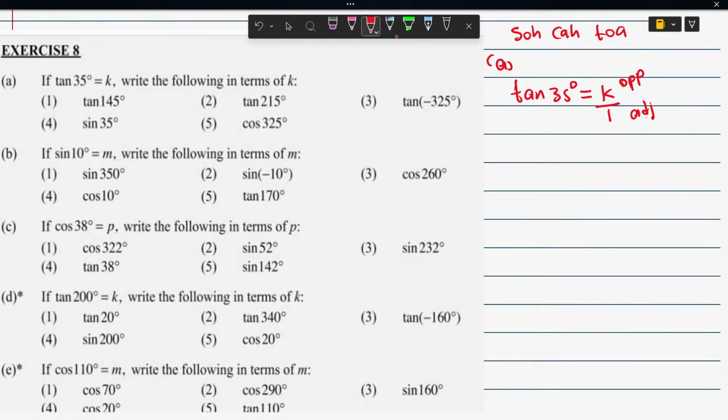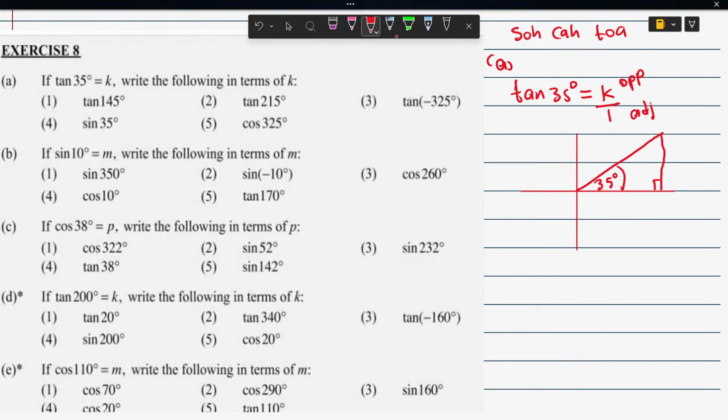Now you go to the first quadrant. This Cartesian plane this time around is drawn in the first quadrant. Then you write 35 degrees here. Then after writing 35 degrees, you check what is the other angle.